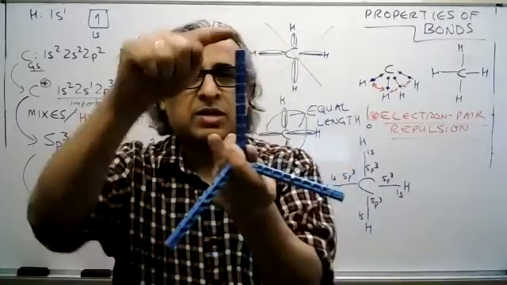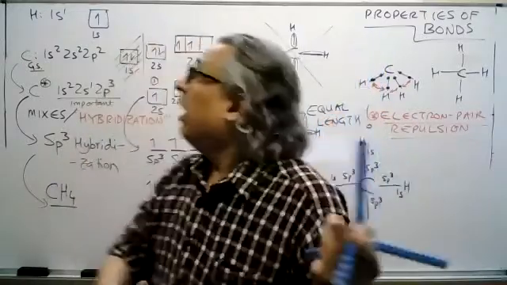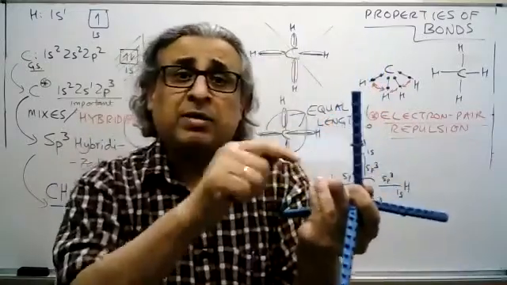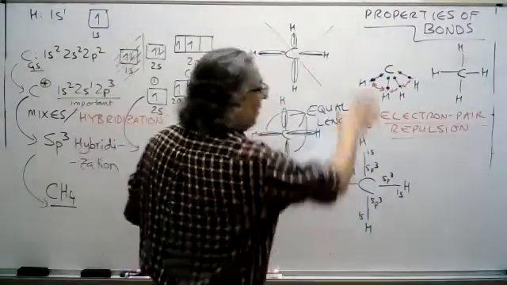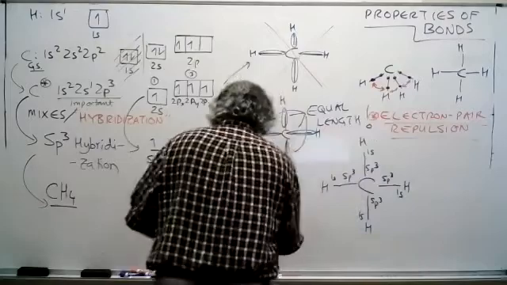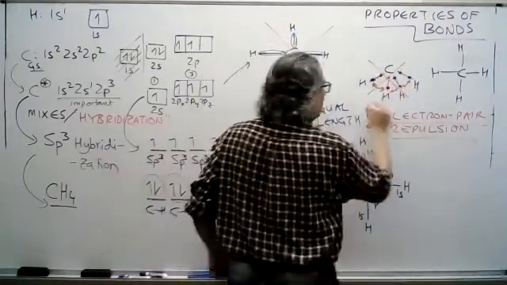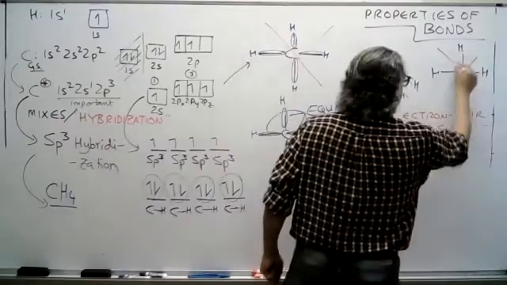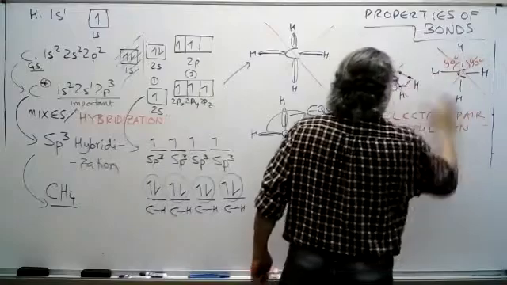So north, south, north, south, and north, south, they're farthest away from each other. And this particular shape is called tetrahedral. They take up the shape. It's not flat. It's not like this. It's not 90 degrees. It's not a flat molecule with 90 degrees.